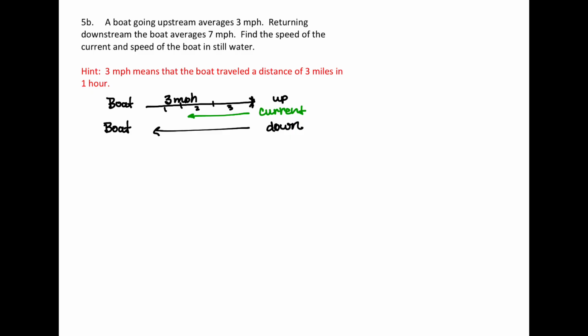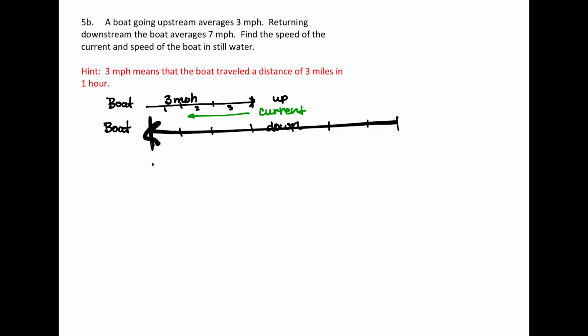That means this bottom arrow here is actually bigger because it needs to be 7. 7 miles in 1 hour. So 1, 2, 3, 4, 5, 6, 7 in 1 hour. That's not the important part. That's just to help you make sense out of it.